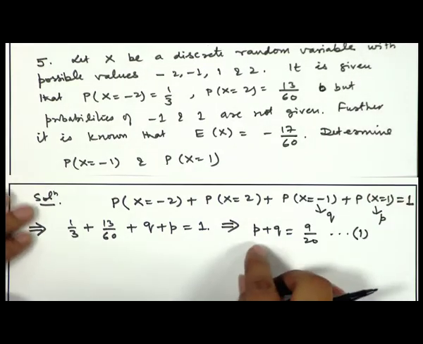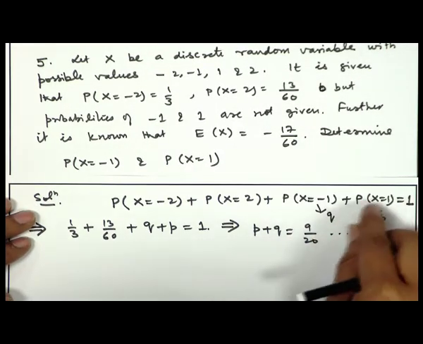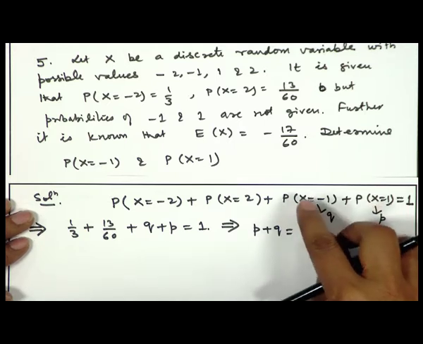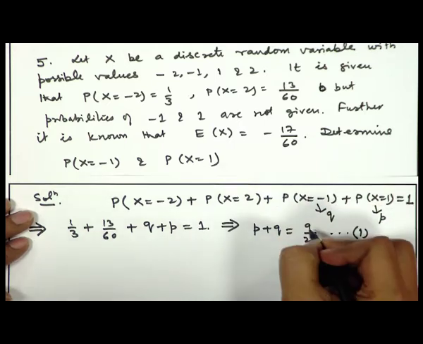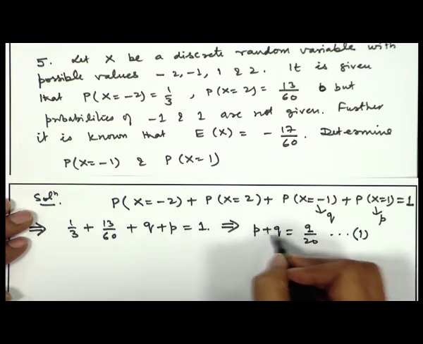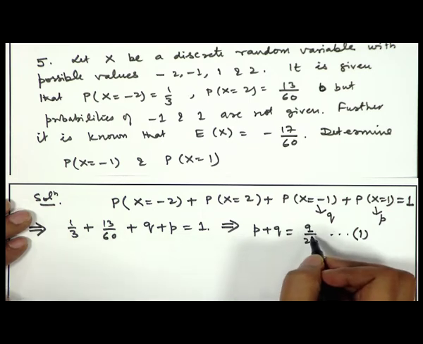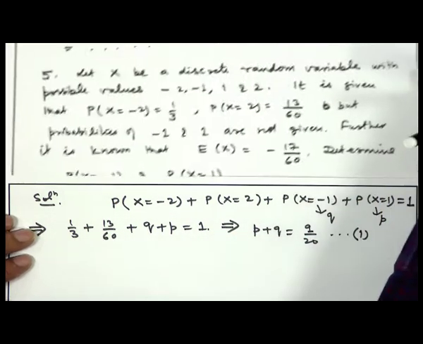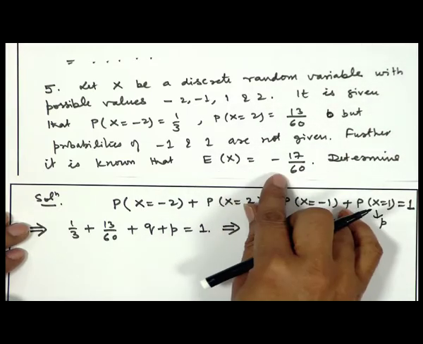So, we get one condition on the value of probability x equal to 1 and the value of probability x equal to -1. It is in the form of this equation p plus q is equal to 9 by 20. Now, second condition we can determine because expectation is given.